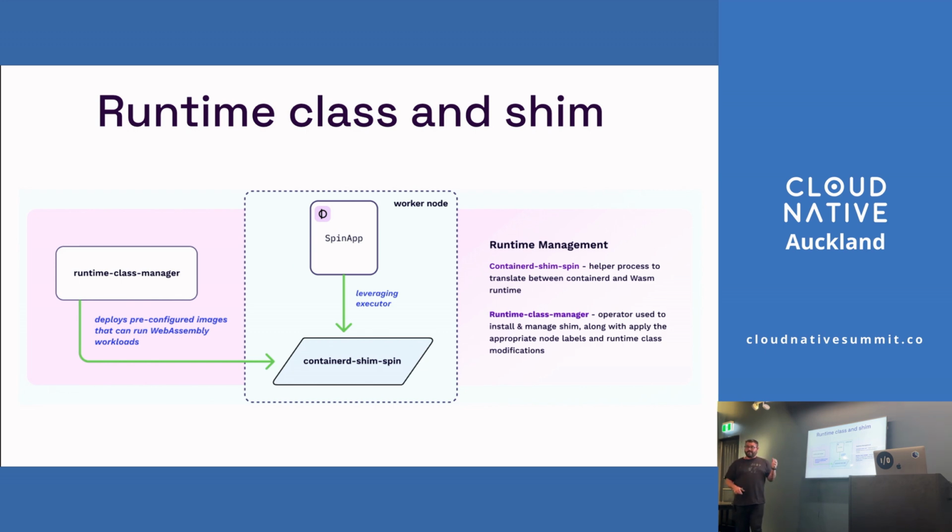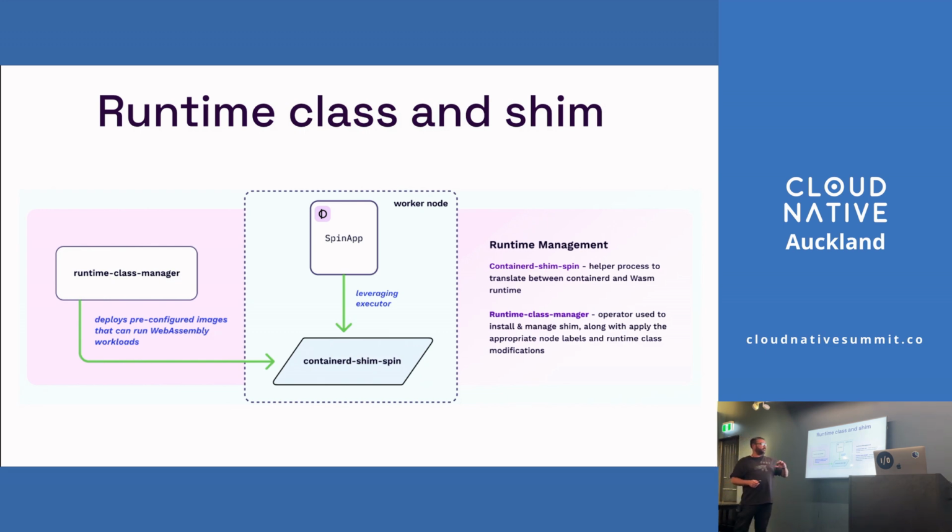It's a lifecycle manager for the shims. And then the shim itself is the interface between containerd and the WASM runtime. I think with Spin they're using Wasmtime as the runtime.